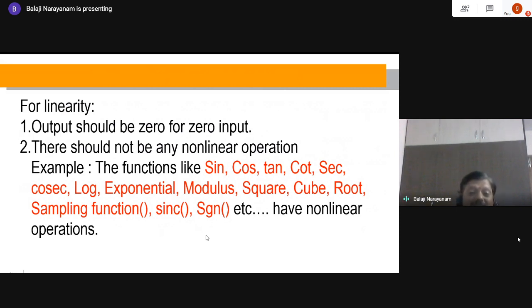All these will have non-linear operations. So it is a clear case of identifying the linearity. If there is involvement of such functions in our system, we may easily identify whether it is linear or non-linear, the condition being that there should not be any non-linear operation.